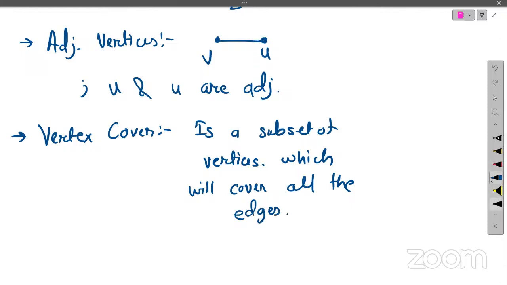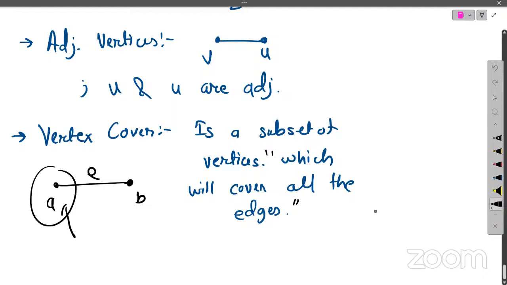What is the meaning of this sentence? If you have an edge in your graph, then that edge will have an endpoint belonging to this particular subset. For example, if this is an edge E, there will be two endpoints A and B. One of the two endpoints should belong to your subset. This is known as a vertex cover.